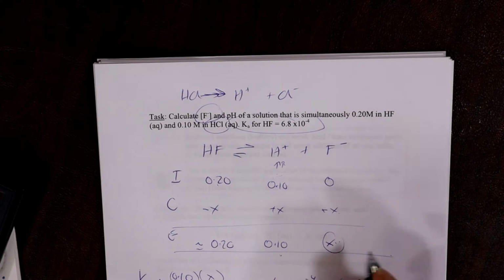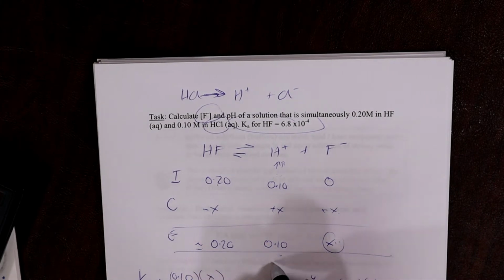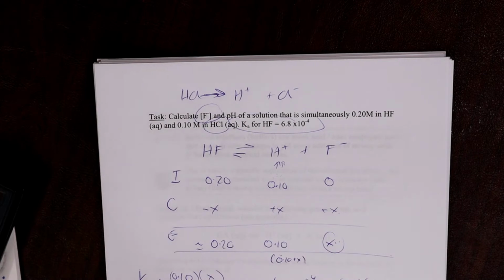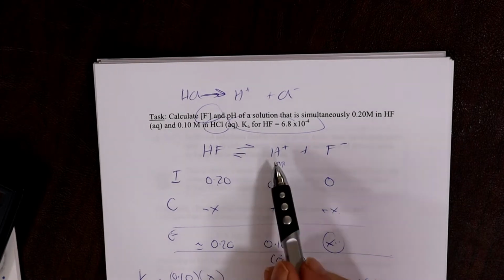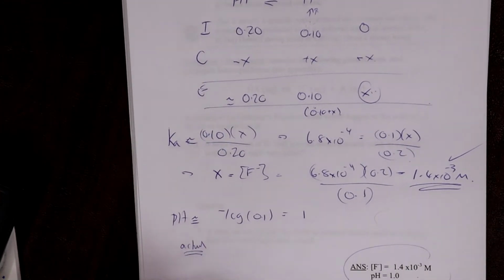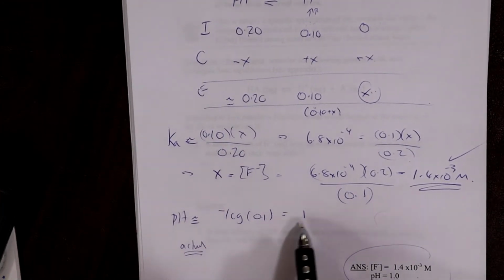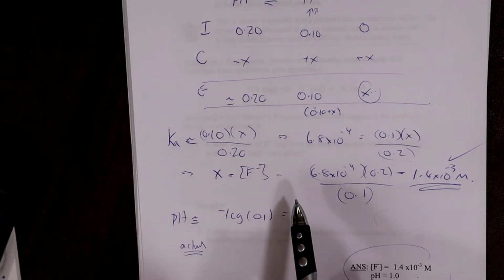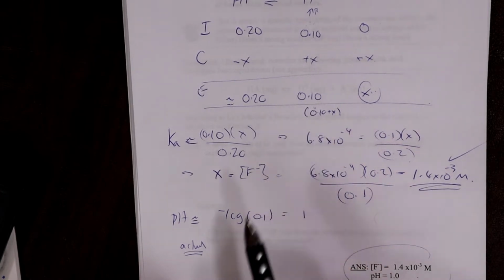It's not just that, if we did this for real, it's actually 0.10 plus X, right? So the actual, if we wanted to do this for the true amount of H plus there, with the H plus from the HCl and the H plus from the HF, oh, let me just move that up, sorry about that. So the pH is 1 for 0.1 moles per liter, right?